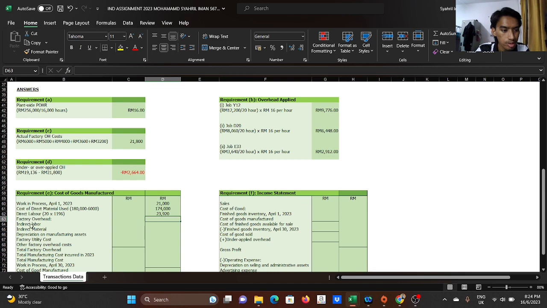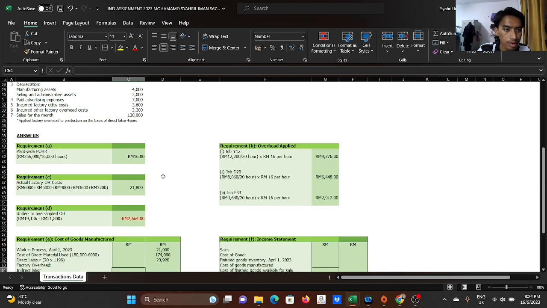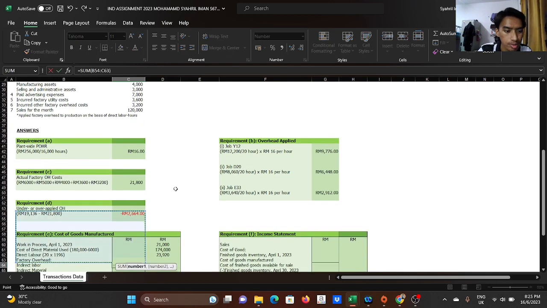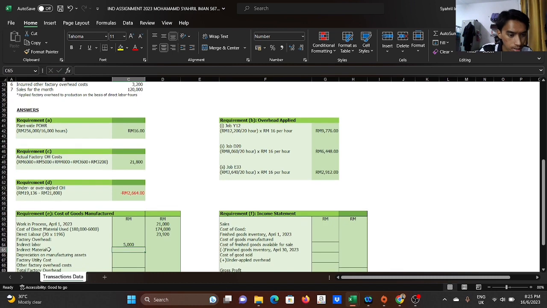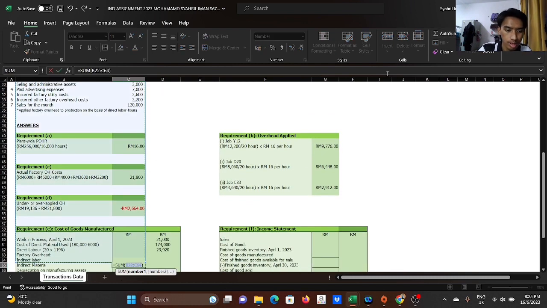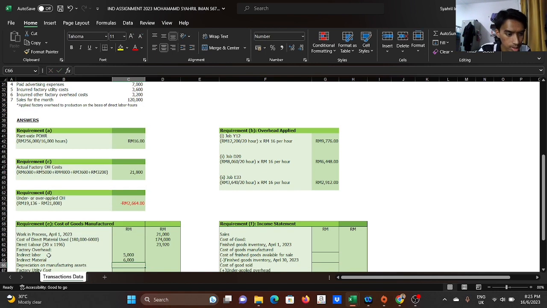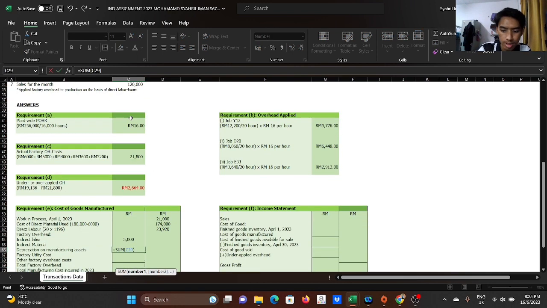So from this we need to put the amounts from the question first: indirect labor, which is 5,000. Next is indirect material, 6,000. Next is depreciation on manufacturing asset, 4,000.